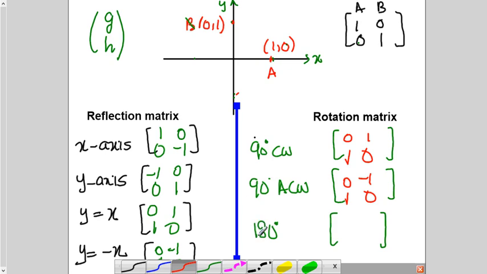Now 180-degree rotation. It means this point will come all the way here and this point will come all the way here. For 180-degree, it doesn't matter if it is clockwise or anti-clockwise, it is the same thing. So point A will come here, it is -1, 0. And B will come all the way here, it is 0, -1. So this is how you get a matrix.